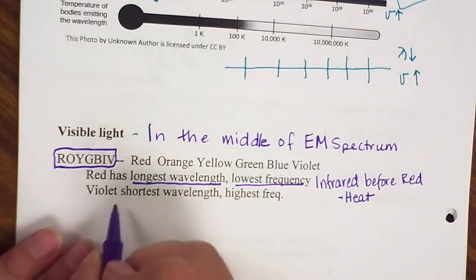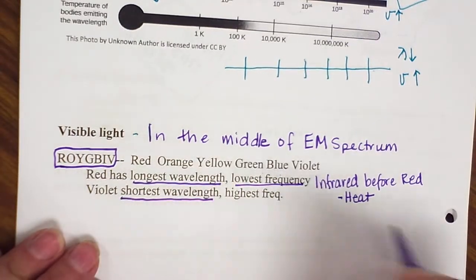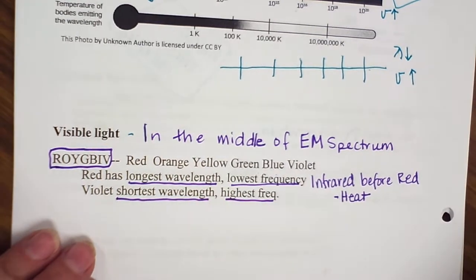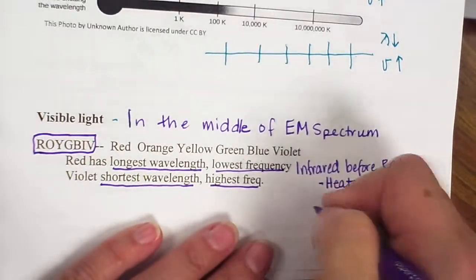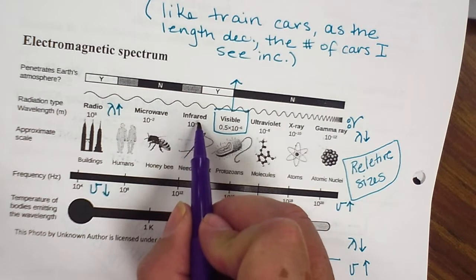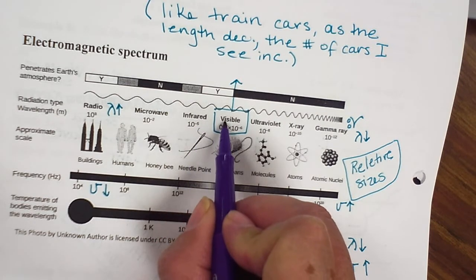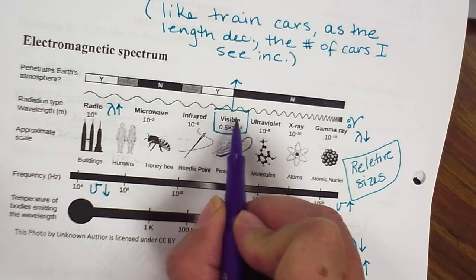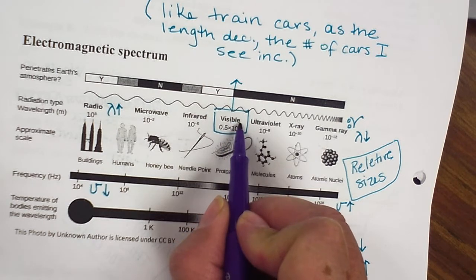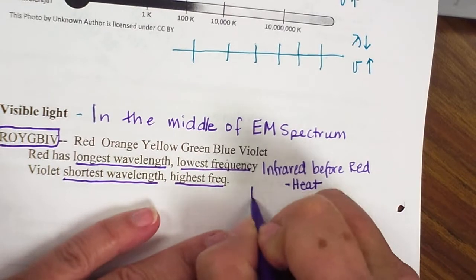Okay, next we have violet, which is the shortest wavelength and the highest frequency. So we have infrared, then we have red, orange, yellow, green, blue, violet, and then we have ultraviolet. So after violet comes ultraviolet.